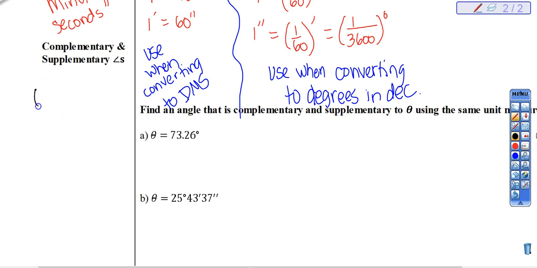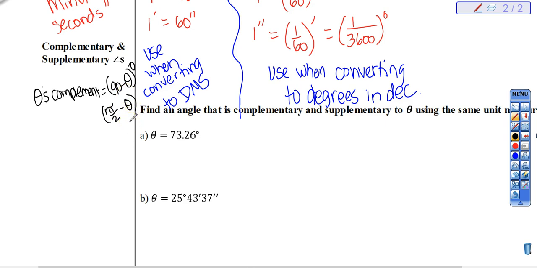So if I have angle theta, and I want to find angle theta's complement, what I'm going to do is subtract: 90 minus theta degrees, if my angle's in degrees, or if it's in radians, pi over 2 minus theta radians.